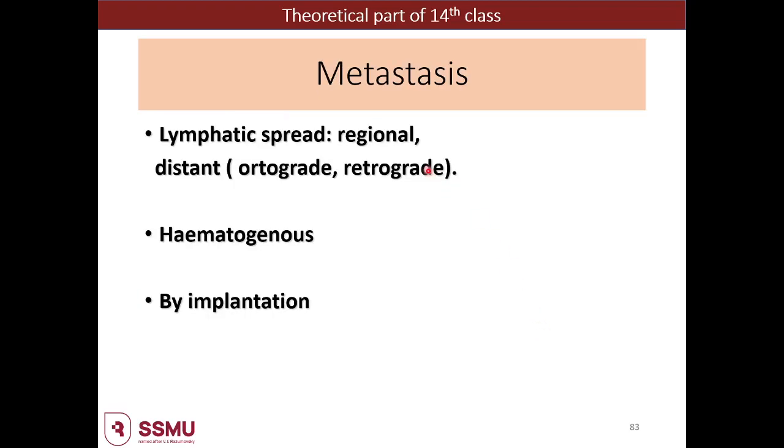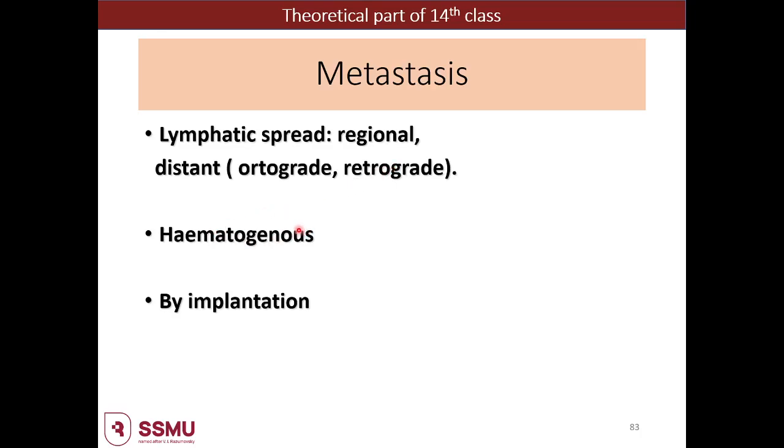Metastasis in case of stomach cancer we can see by the lymphatic, hematogenous, and implantation ways. The lymphatic way of metastasis may be orthograde or retrograde. Orthograde metastasis may be in the lymph nodes of Virchow. Retrograde may be in the pararectal space and also in the ovary.